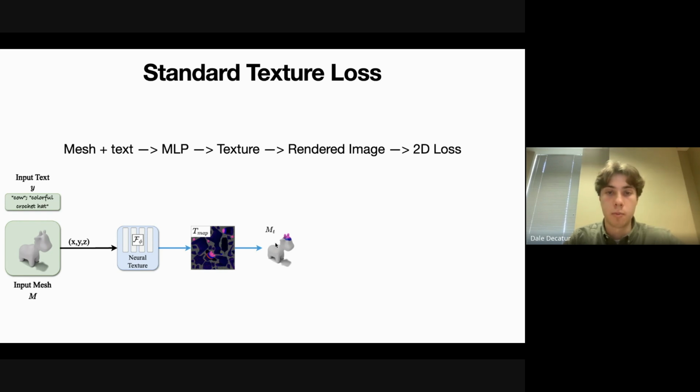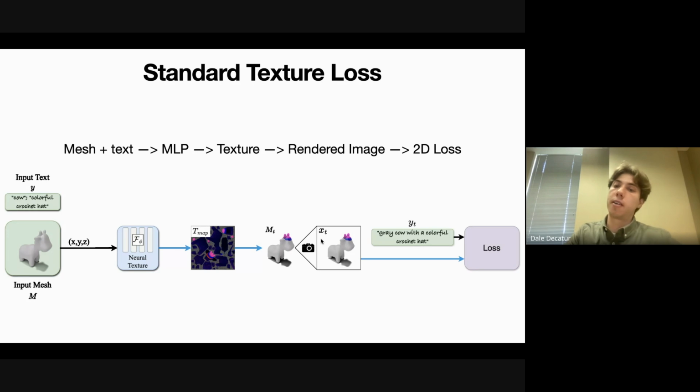Then we're able to apply those to our mesh and render it to a 2D image. And once we have this 2D image, we can use what we talked about in the background section to use some 2D pre-trained model to supervise it based on our text prompt. So that's the general overall idea of our pipeline.